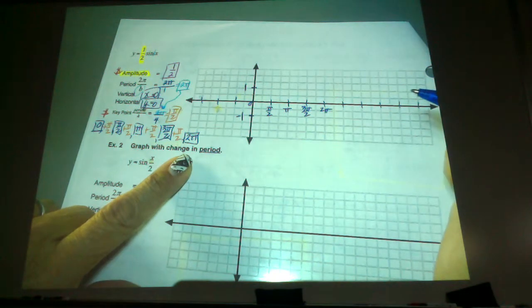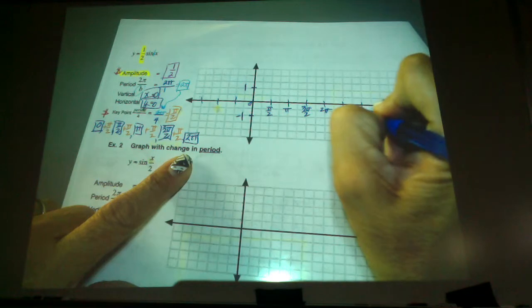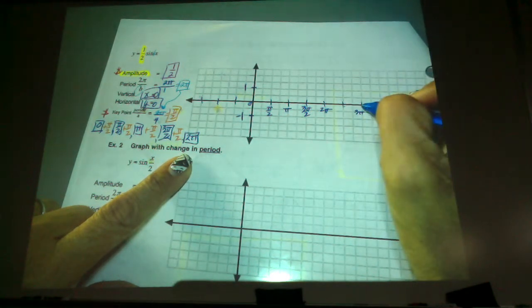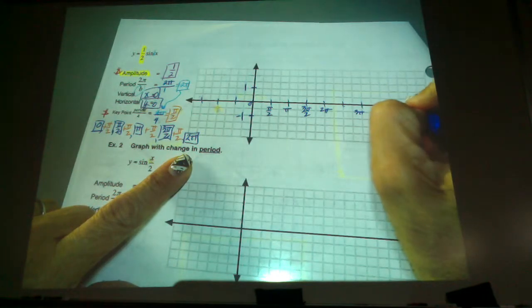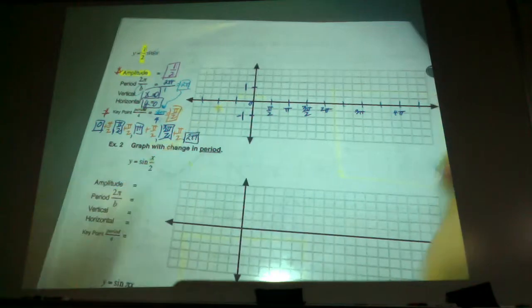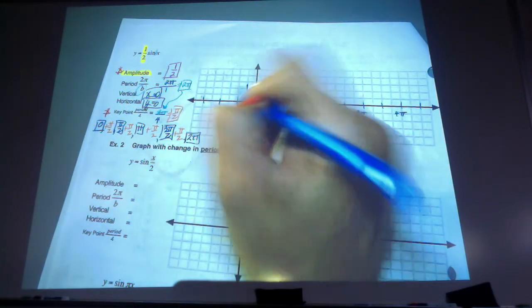Like one full period, and then every other one. If every hash mark is 1/2 a pi, then 2 hash marks is 1 pi. So that's why I'm going to 3 pi's and 4 pi's. For your negatives, I would suggest you label a full period as well, or at least as far as you can.